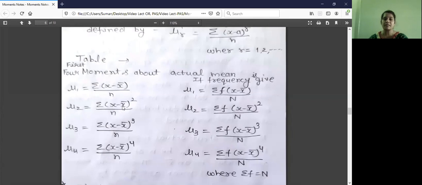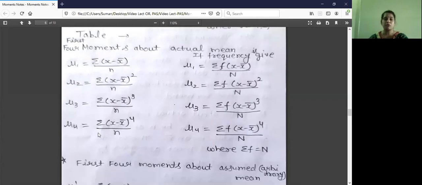Summation x minus x bar whole square divided by number of terms, and mu3 is equal to what? Summation x minus x bar whole cube divided by number of terms, small n, and mu4 is equal to summation x minus x bar whole raised to the power 4 divided by number of terms, small n.